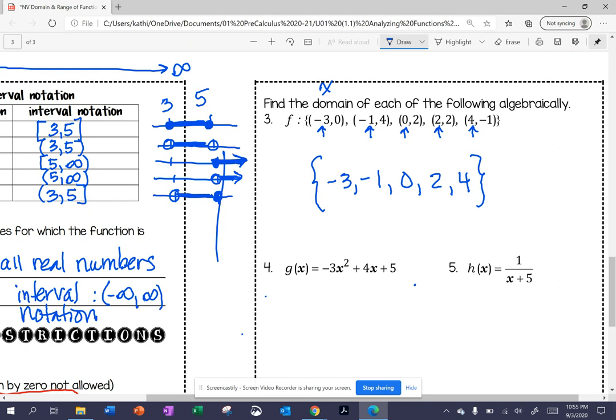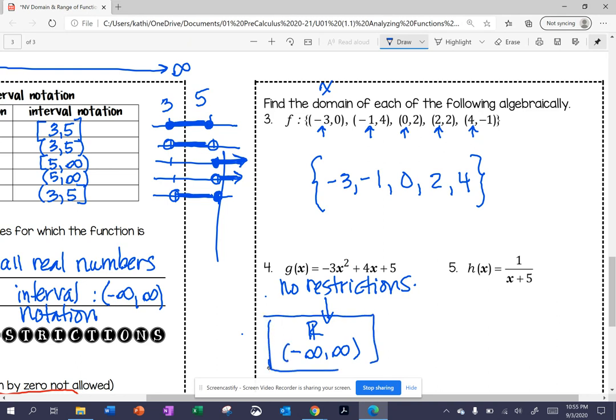No. So I have no restrictions. When I have no restrictions, my domain is all real numbers. I can say it either way, they're both correct.